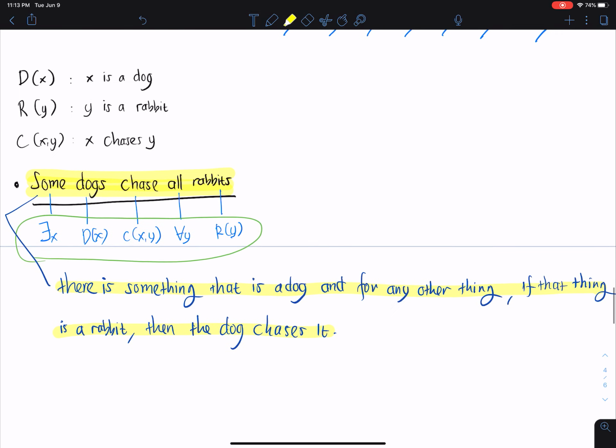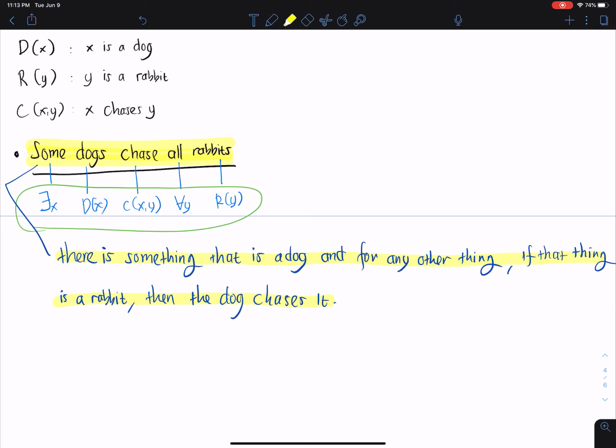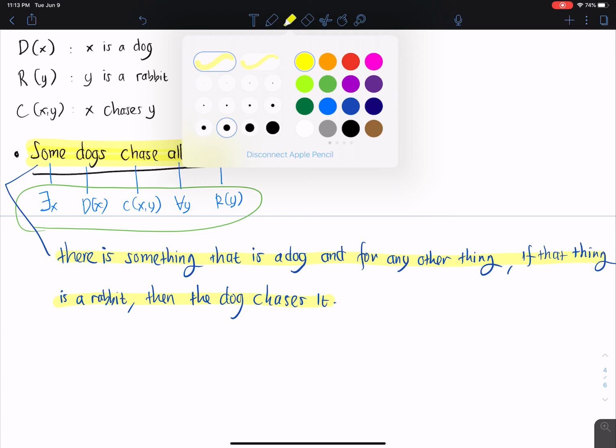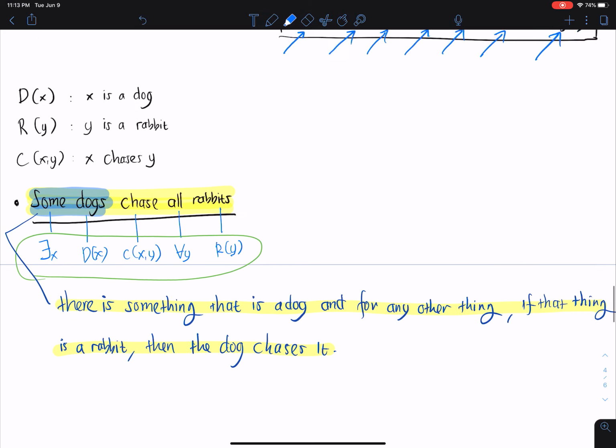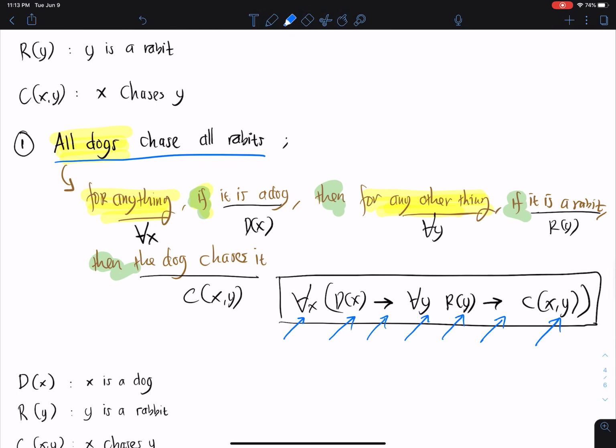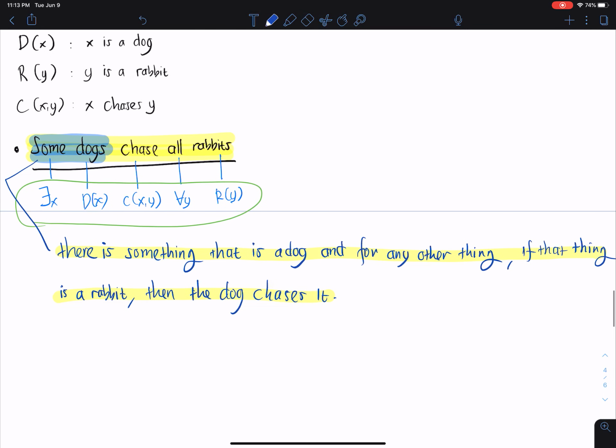Here we just change the scenario a little bit. Instead of all dogs, now we are saying some dogs only. So the meaning is totally changed now. Instead of earlier, where we said for anything if it is a dog, now we have there is something that is a dog.